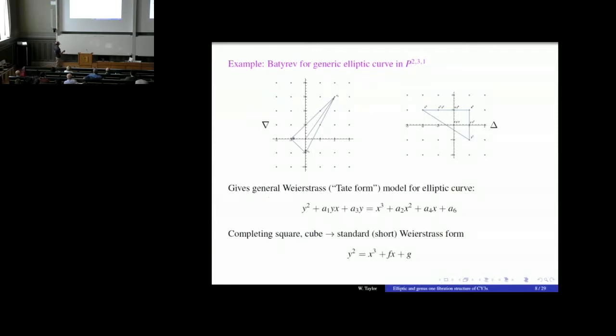So if we then complete the square and the cube, we get the standard short Weierstrass form for an elliptic curve in P231. So this is an example of how a one-dimensional Calabi-Yau is realized as an anti-canonical hypersurface in this simple two-dimensional toric variety. And we'll be going back and forth between two-dimensional and four-dimensional reflexive polytopes in the sequel.